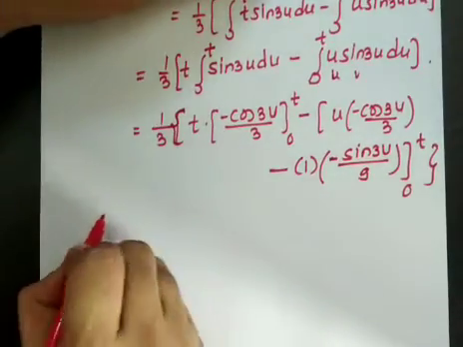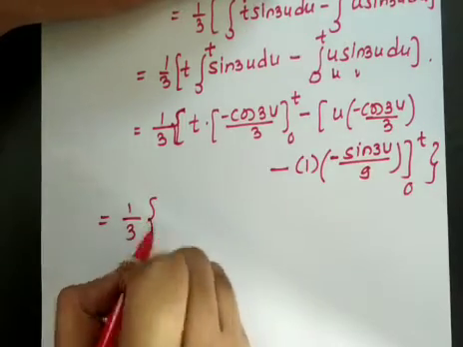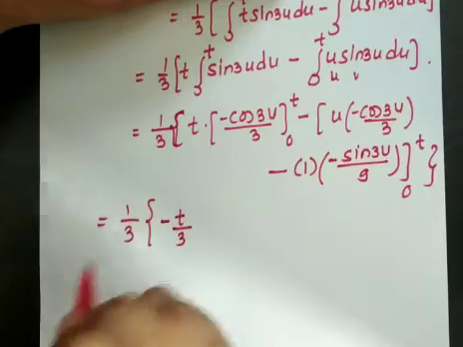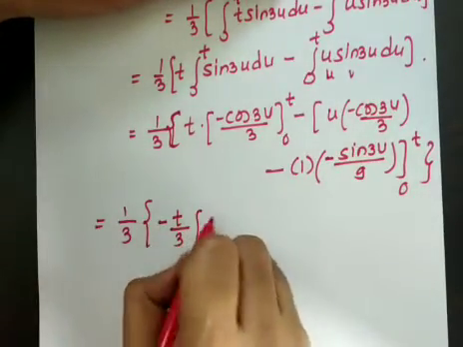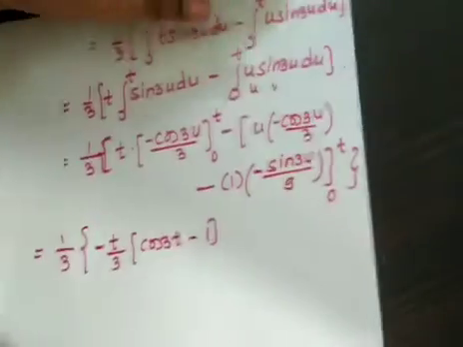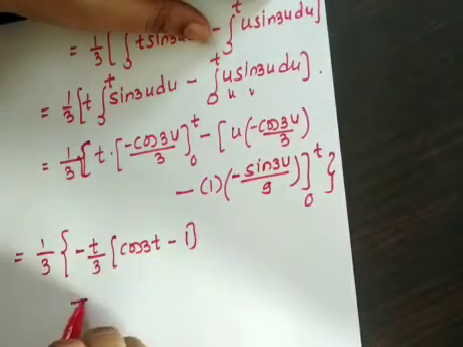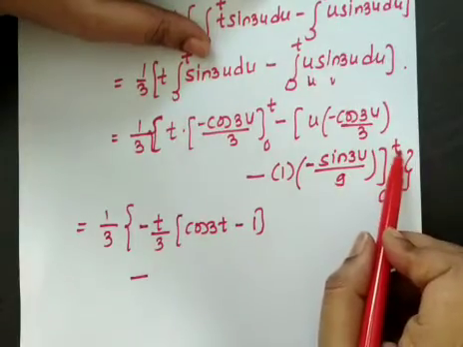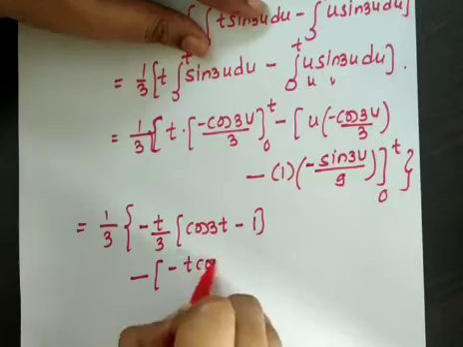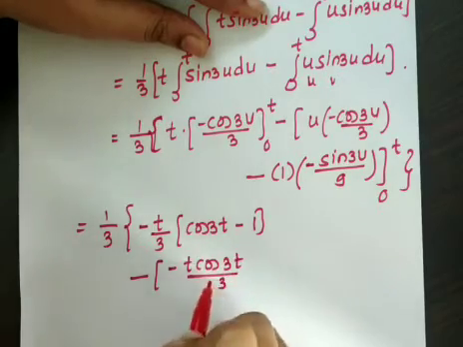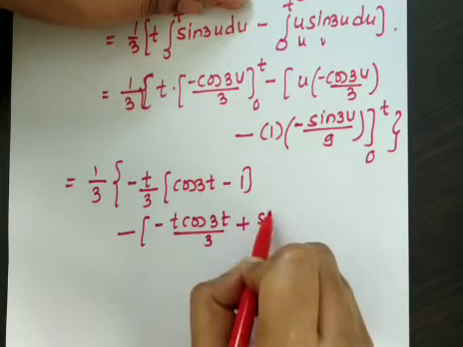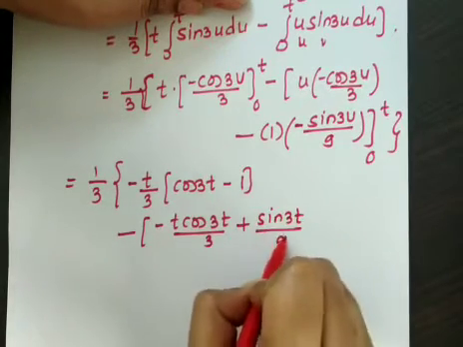That is equal to 1 upon 3, that minus sign I'll take out, 3 I'll also take out, minus t by 3 into cos 3t minus cos 0, that is 1. Then minus, upper limit is t, so it is minus t cos 3t upon 3. Then minus minus plus sin 3t upon 9.